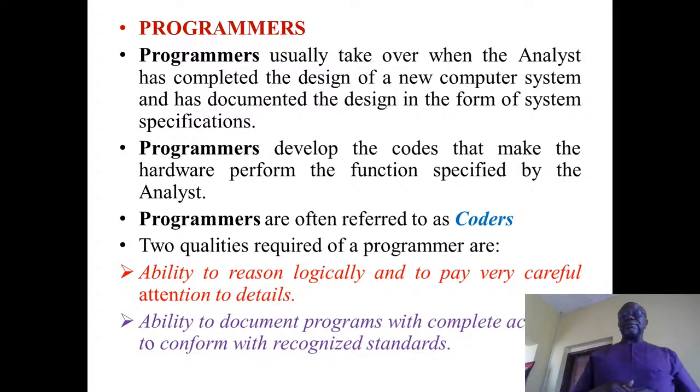Programmers are often referred to as coders. Two qualities required of a programmer are: one, ability to reason logically and to pay very careful attention to details. And two, ability to document programs with complete accuracy to conform with recognized standards.